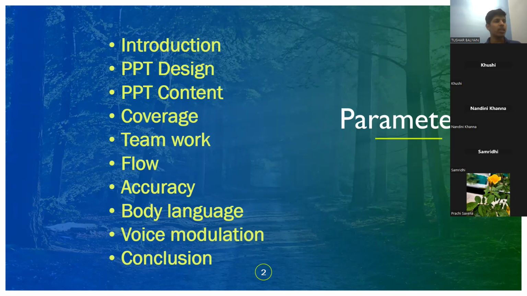Accuracy means you are speaking to the point, you are speaking about your content only, you are not going here or there.